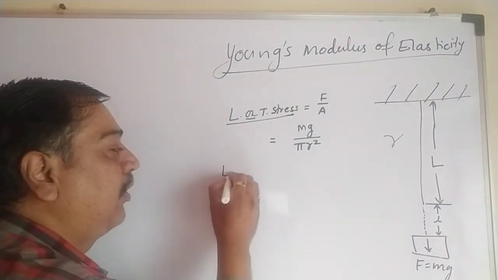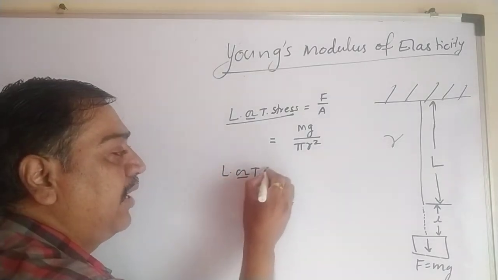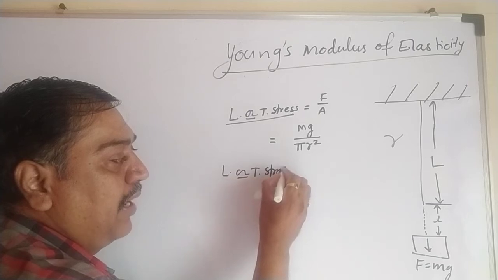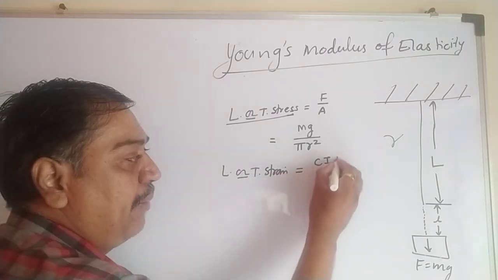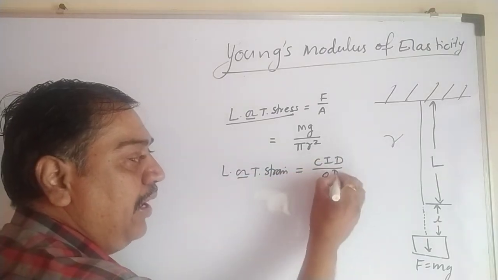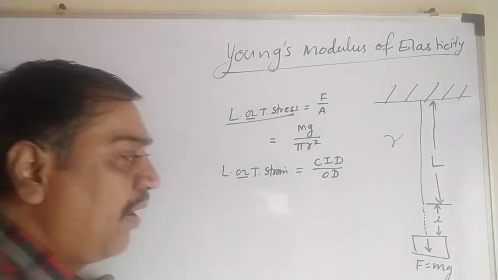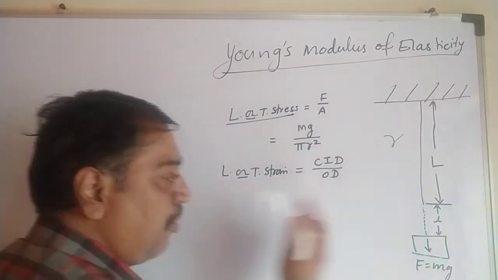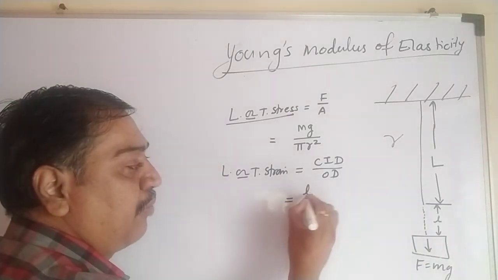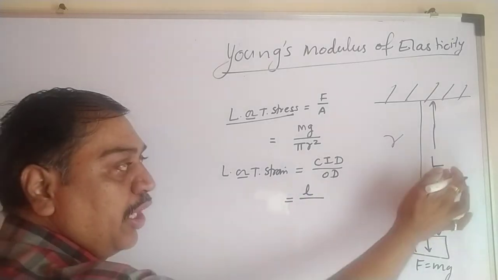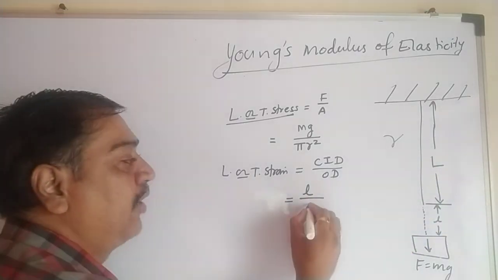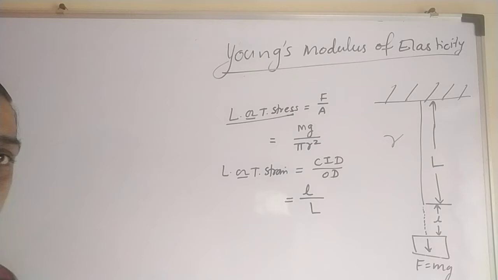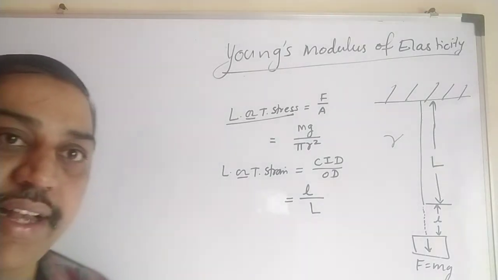Now find the longitudinal or tensile strain. It is change in dimension divided by original dimension. The change in dimension is the change in length, small l, and the original length is capital L, so strain is l divided by L. This is said to be the longitudinal or tensile strain.